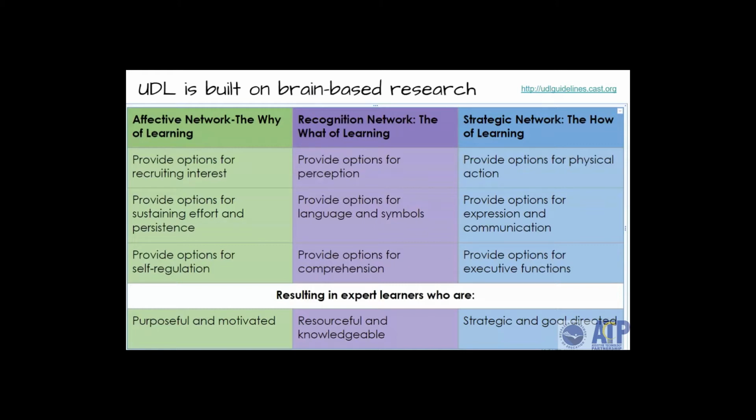With the recognition network, the what of learning, we need to provide options for perception, options for languages and symbols, and options for comprehension, resulting in expert learners who are resourceful and knowledgeable. And with the how of learning, we need to provide options for physical action, options for expression and communication, and options for executive functions, so that we get learners who are strategic and goal-directed.